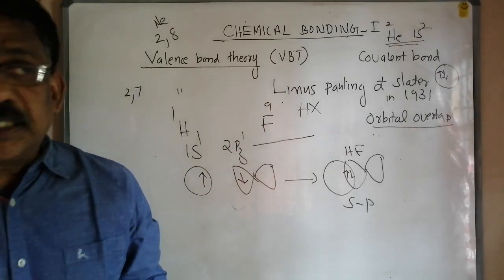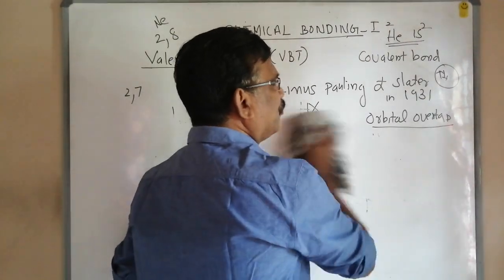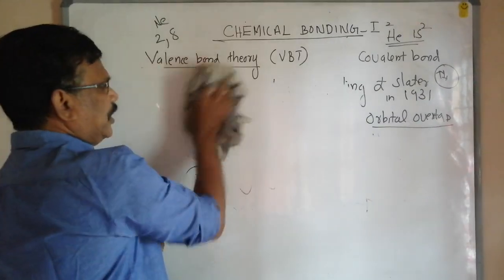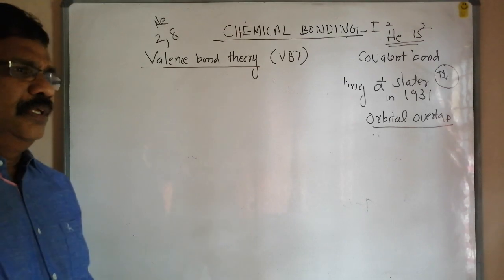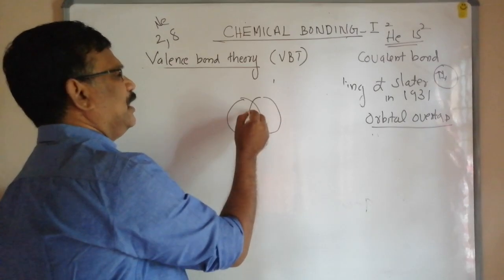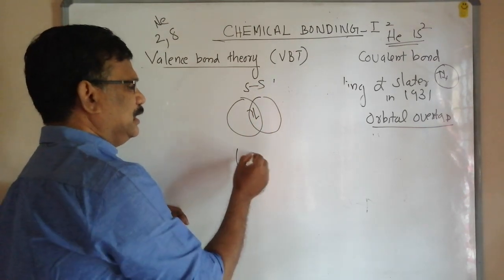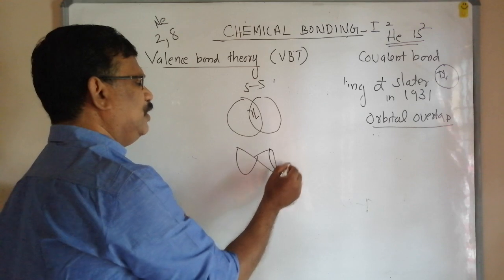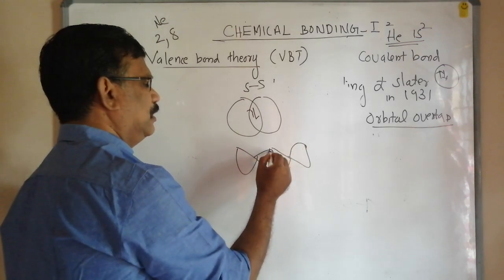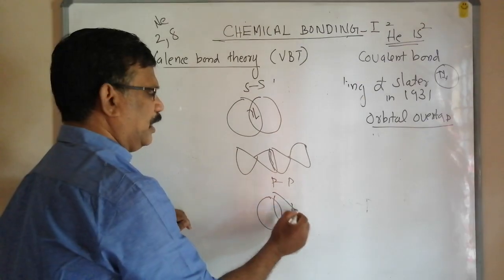So we can discuss some. Before that, we can discuss different types of overlapping. So ss overlapping, a pair of electrons, ss overlapping, and this is pz overlapping, pp overlapping, and another is sp overlapping.